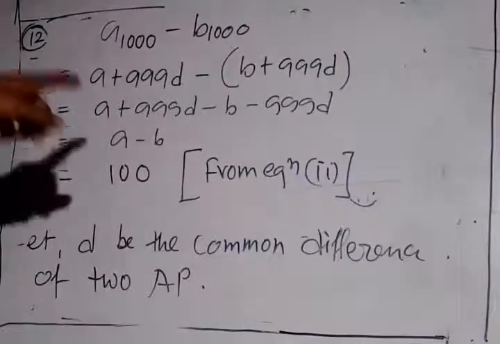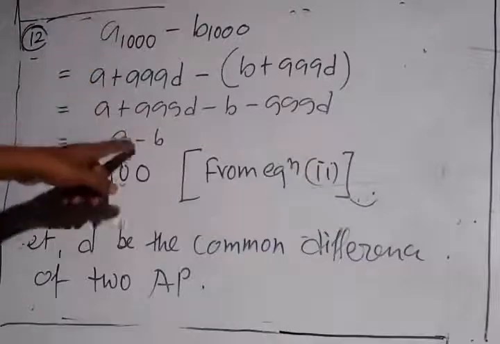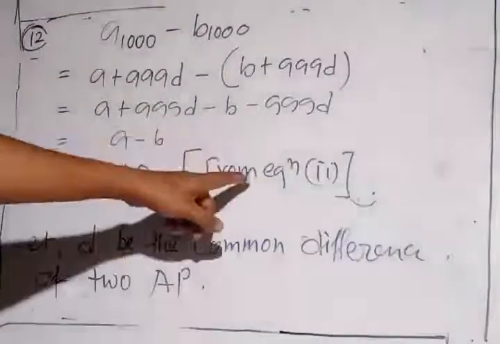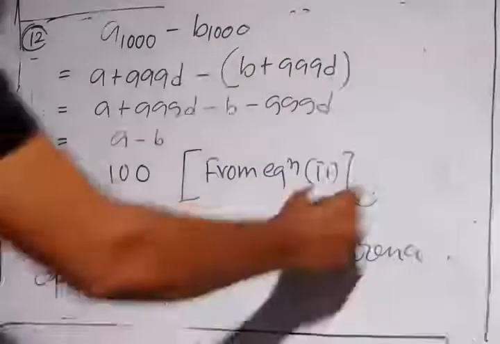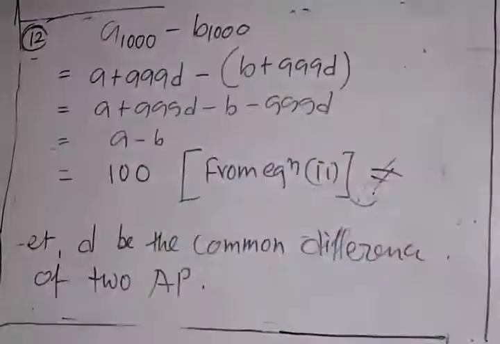So this is the answer for question number 12. The difference between their 1000th term is 100 also. The difference between their 100th term is 100, and the difference between their 1000th term is also 100. So this is your number 12.